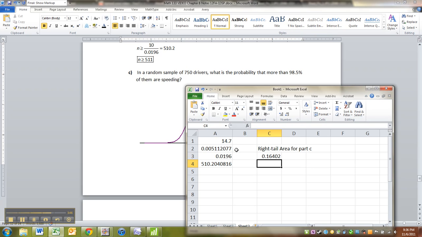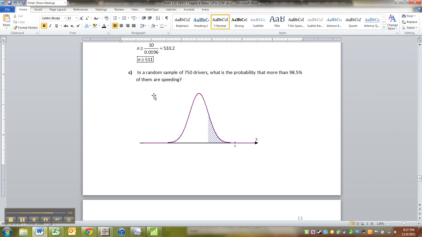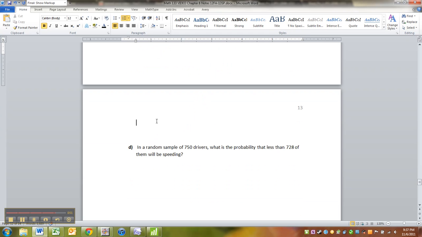Then true. Or you could type 0.00511 in there, but why bother when I have it all calculated out? So that area is 0.164. Yep.